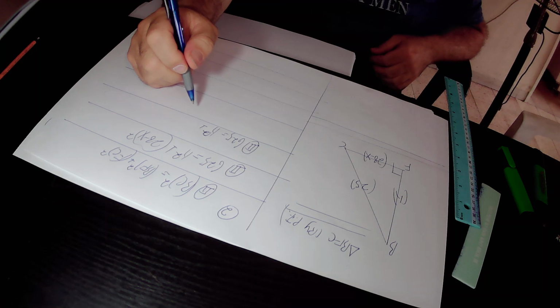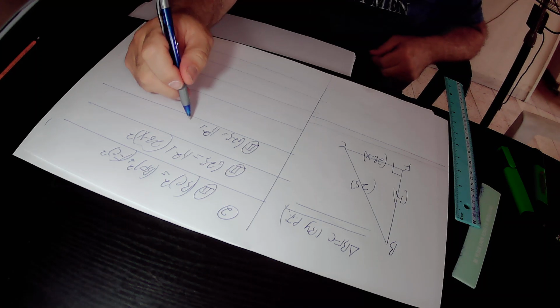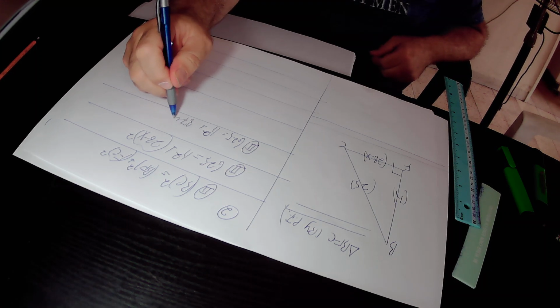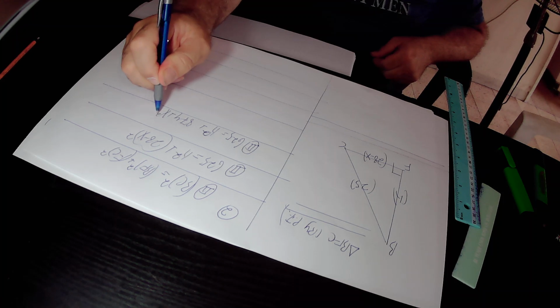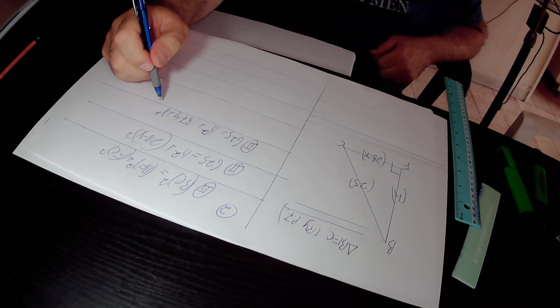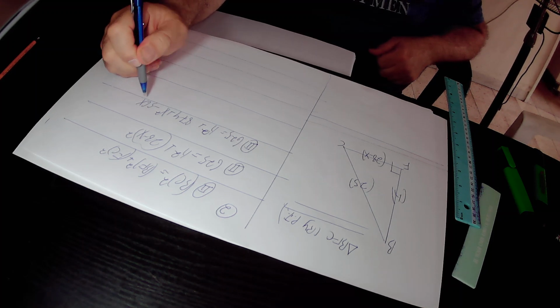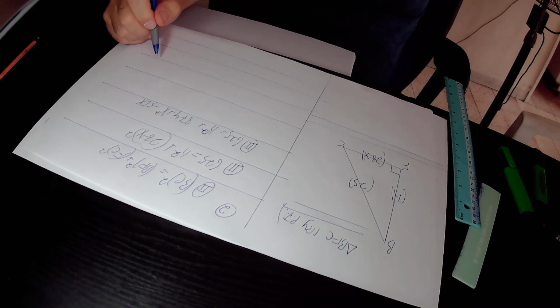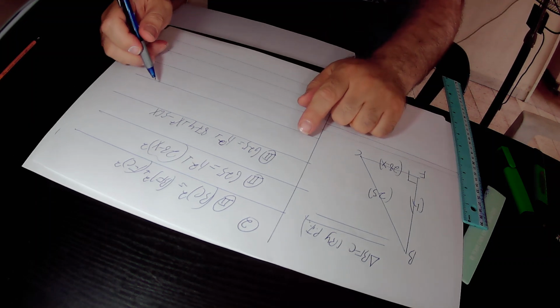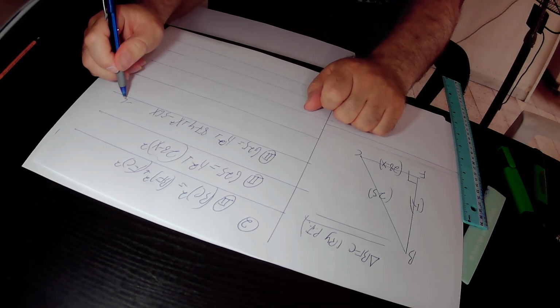(28 minus x) squared is equal to 28 squared, that is 874, plus x squared minus 2 times 28 times x, which is minus 56x. So here we subtract 625 from this equation, equation 2.